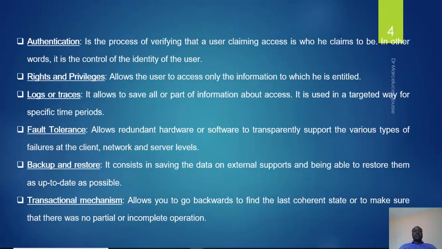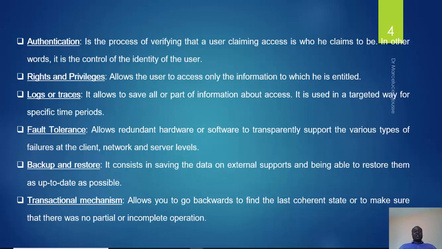And we have some elements like authentication. We are able to define them, some elements that are very primordial and very important in the domain of databases. Authentication is the process of verifying that a user claiming access is who he claims to be. In other words, it is the control of the identity of the user.